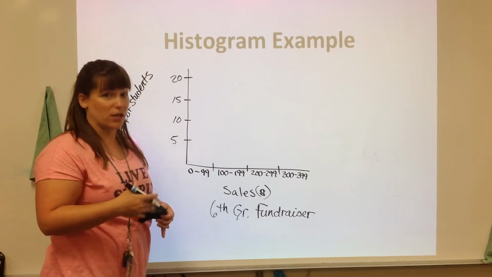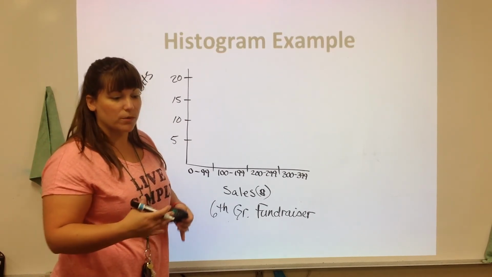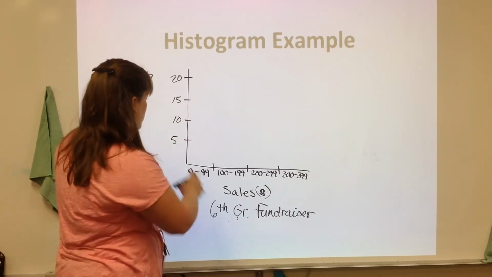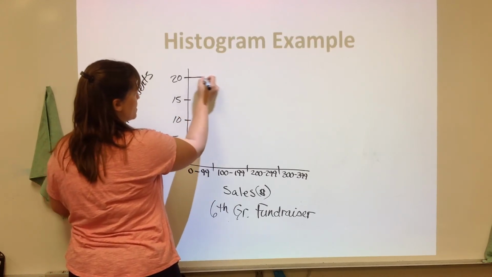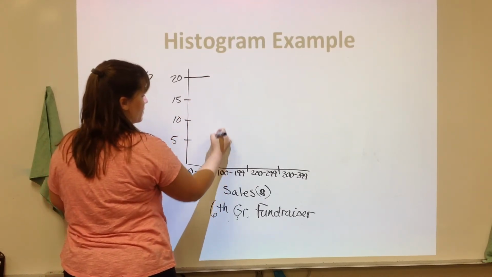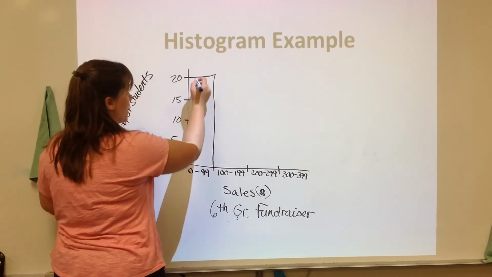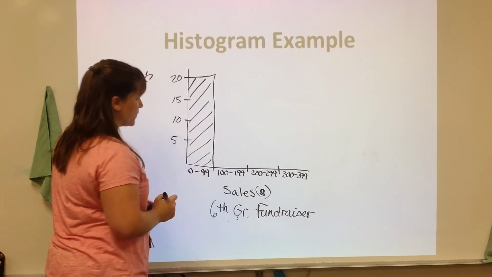And then we're going to say, okay, there were 5 people that sold between this amount, or actually let's make this range a little bit taller. So let's pretend that 20 people had sales in the range of 0 to 99. It was pretty popular because a lot of people did something, but not a lot.